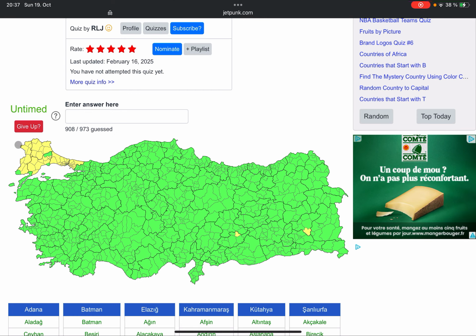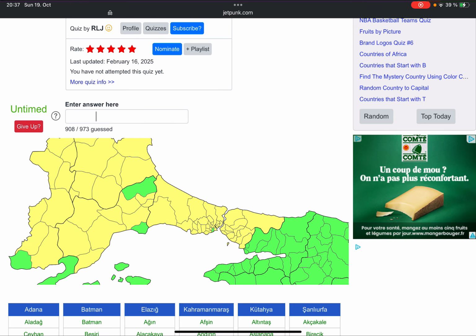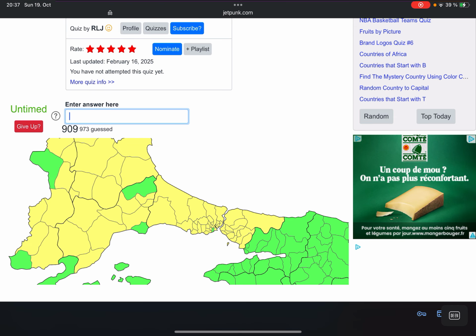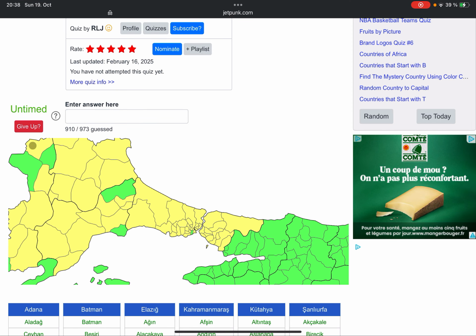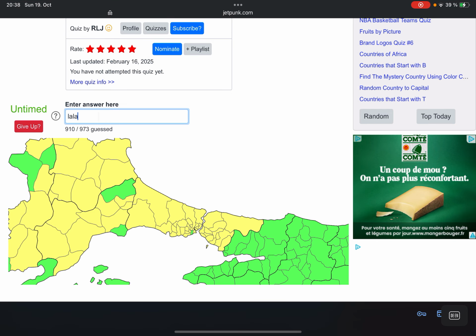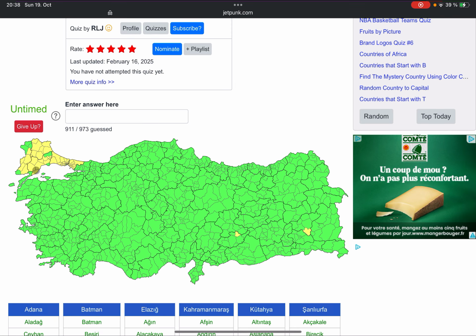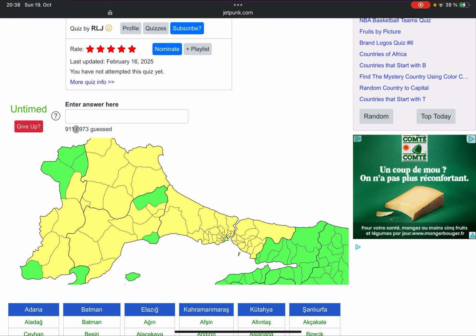So let's just go up here for Edirne, with the same name capital here of Edirne, Süloğlu. Here at the very top, let's see if I can get here, Lalapaşa. Yeah, it's actually very annoying. Okay, this is better.